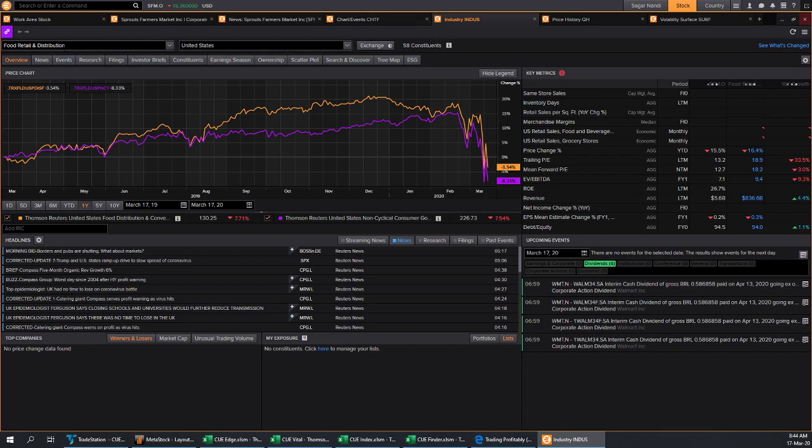You can check. What I can do when I select a stock, I can look at its industry. So it belongs to food retail and distribution in this country. I have some information about the overall industry sector, and in this case there is not much, but you can see the top companies, winners, losers, market cap, unusual trading volume, some information.